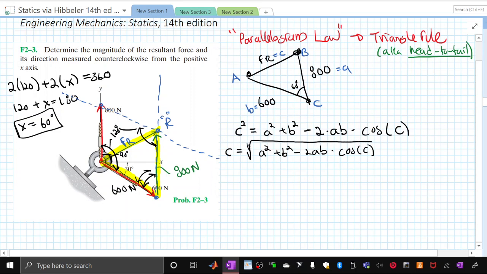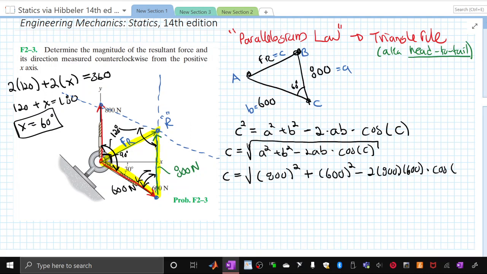And remember, the cosine has to be in degrees. So c is equal to the square root of a squared. What is a? a is 800 units. And b is 600 units, squared. Don't forget the square. Minus 2 times 800 times 600 times the cosine of what angle?